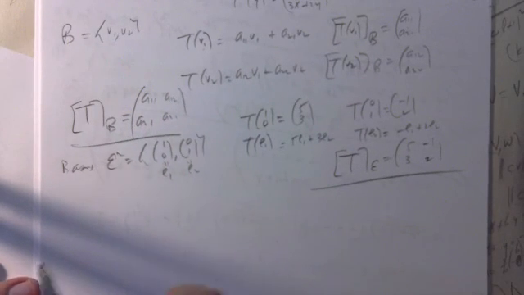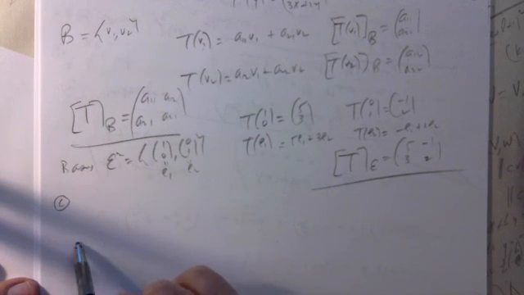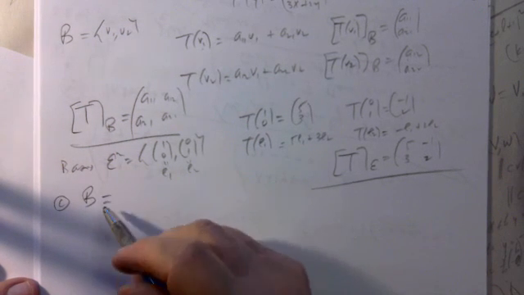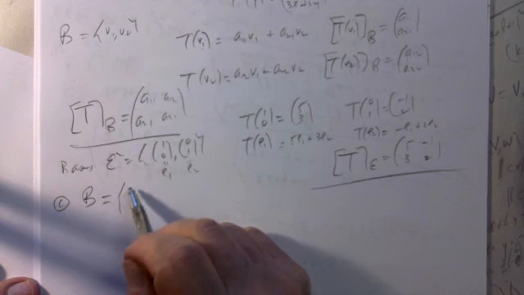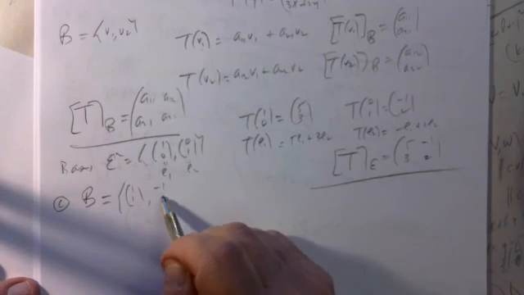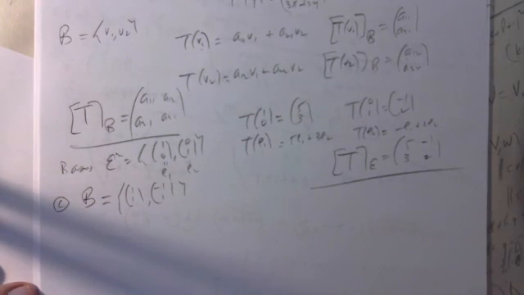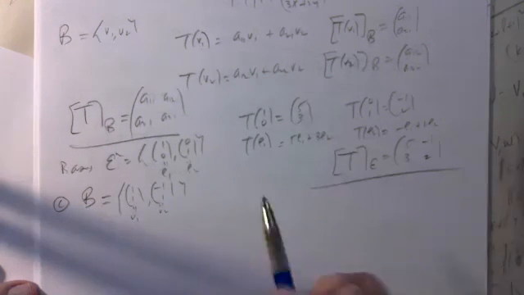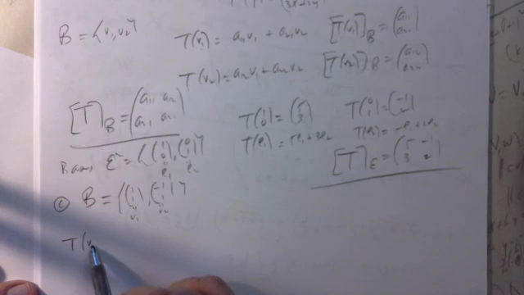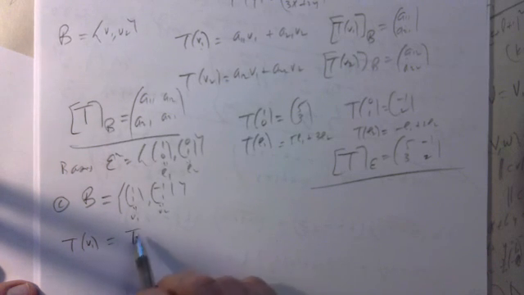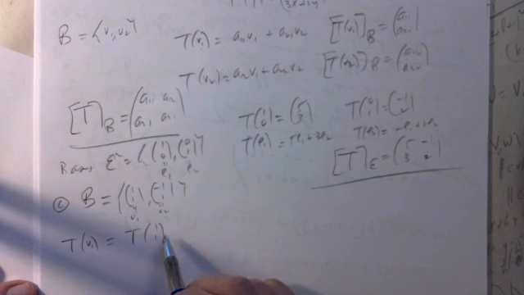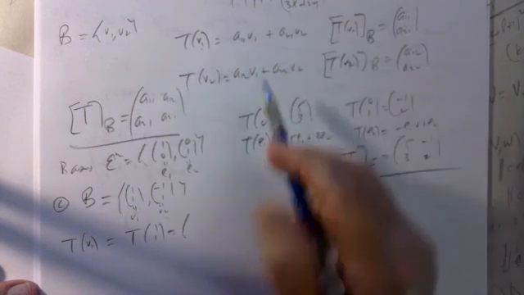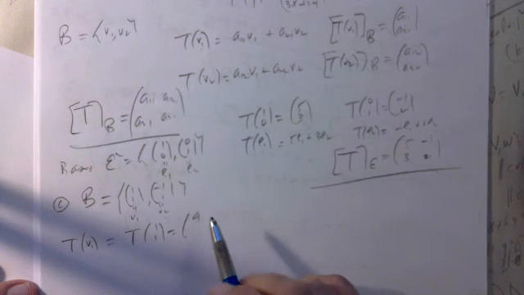B is a little harder, and C is even harder than that. So let me look at C. Suppose I take B to be the basis (1, 1) and (-1, 1), those two vectors. So this is my V1 and this is V2. I want to compute T of V1 and write it as a linear combination of V1 and V2. So T of V1, that's T of (1, 1). When x and y are both 1, 5 minus 1 is 4, 3 plus 2 is 5.